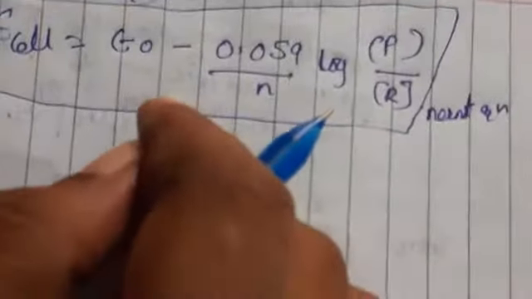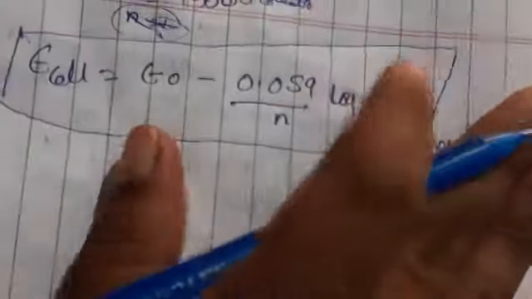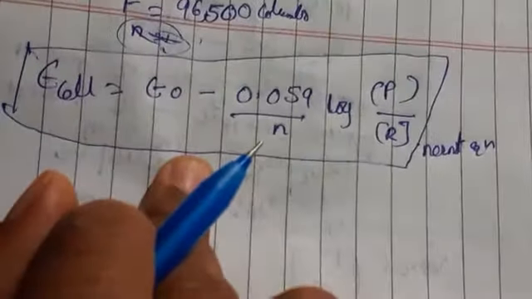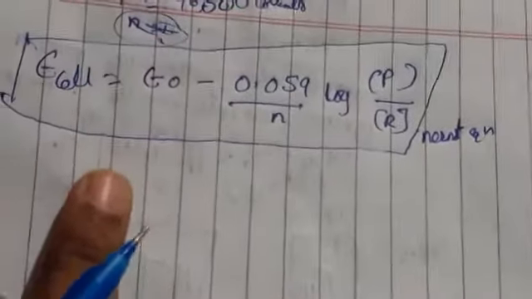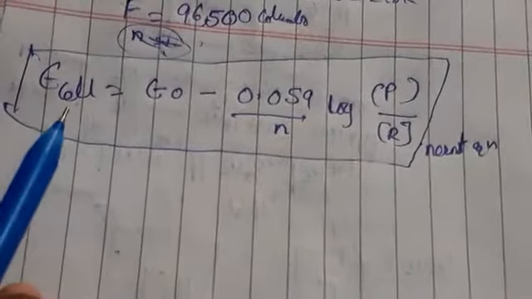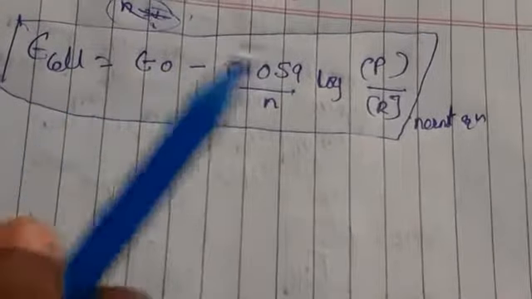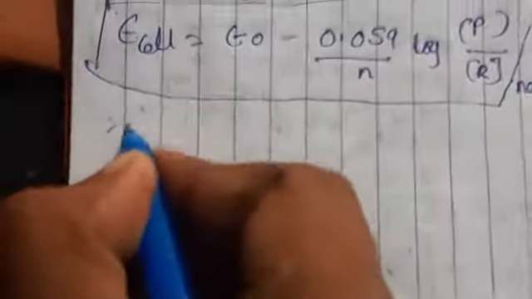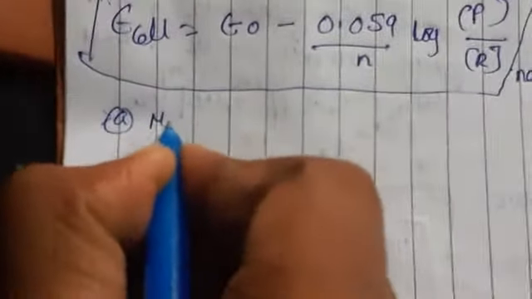Concentration of ions means we can take metals or also non-metals. Up to now we have got the cell reaction, meaning the cell potential equation. In the definition I told you the Nernst equation relates the cell potential and the concentration of ions. So coming to concentration of ions, first we will take the metal.